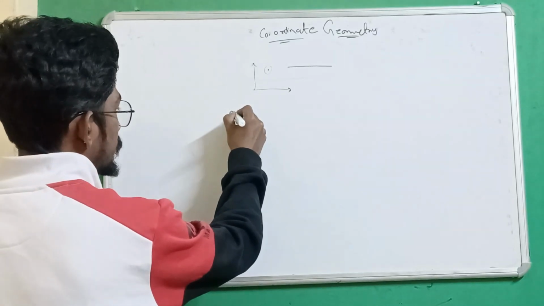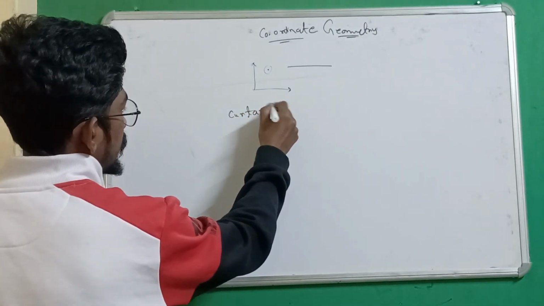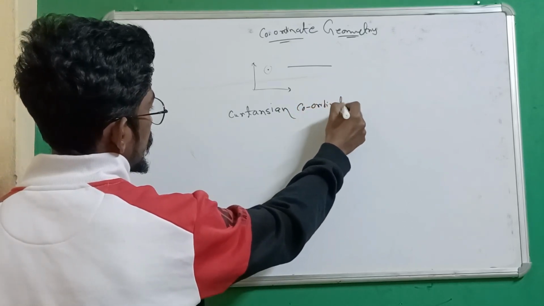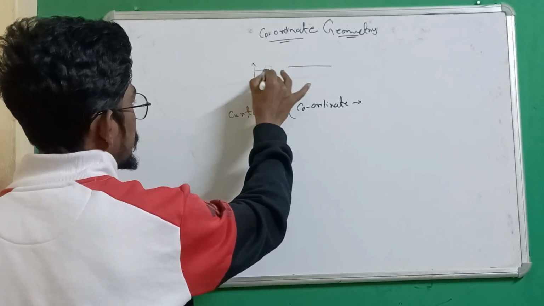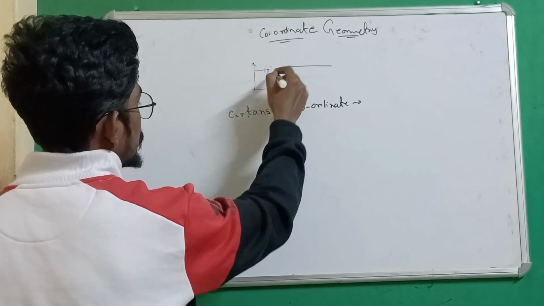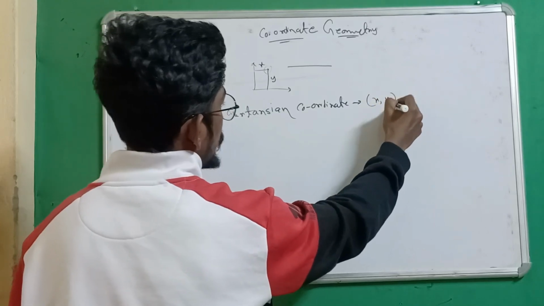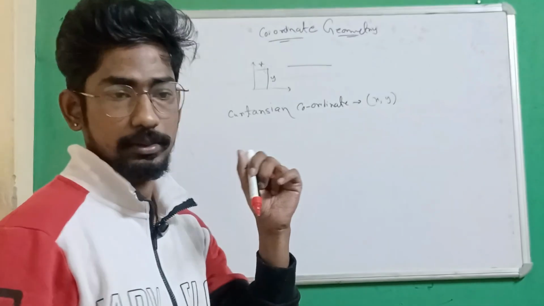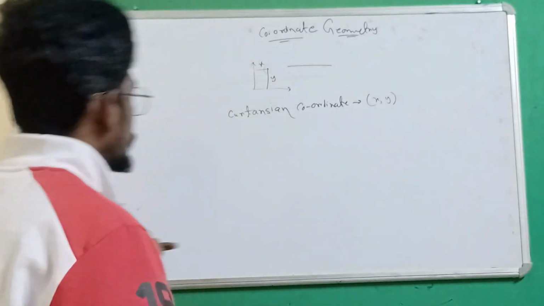First of all, the coordinate that we all know is called the Cartesian coordinate. What is the Cartesian coordinate? The distance from this axis and the distance from this axis. This is the value of y, this is the value of x. The Cartesian coordinate is written as x comma y: the distance from the x-axis and the distance from the y-axis, right?